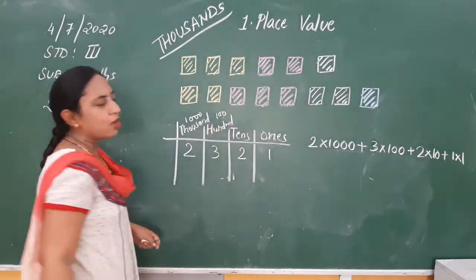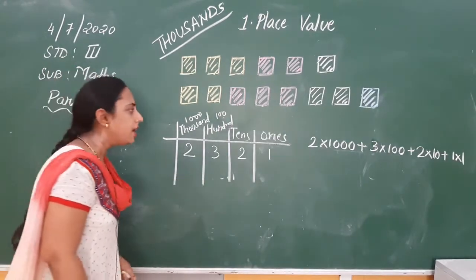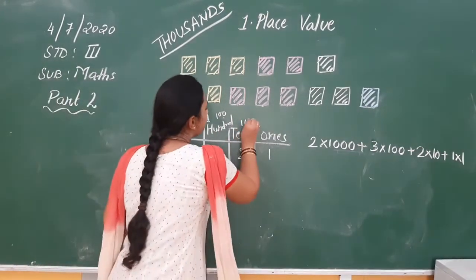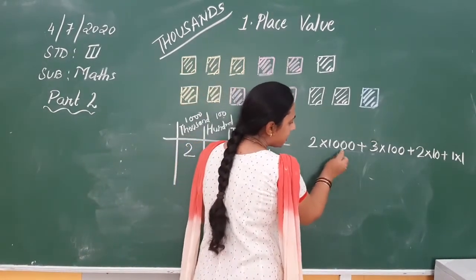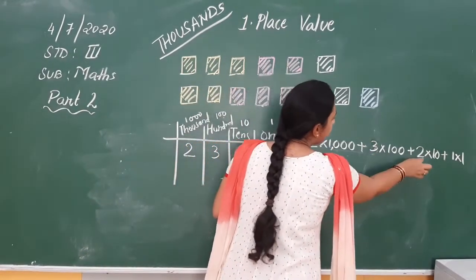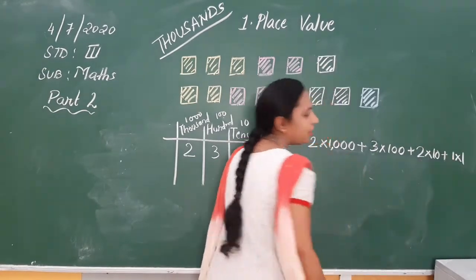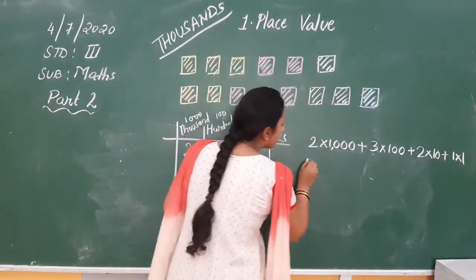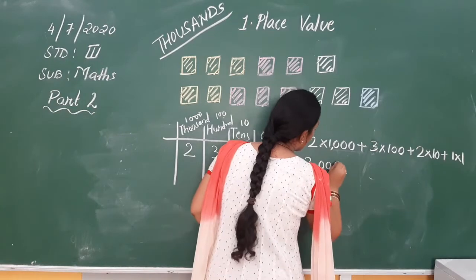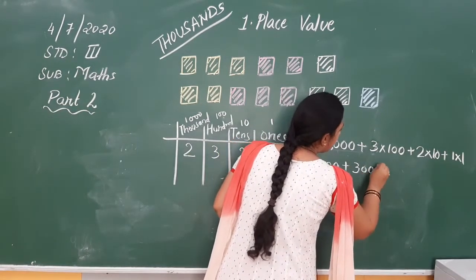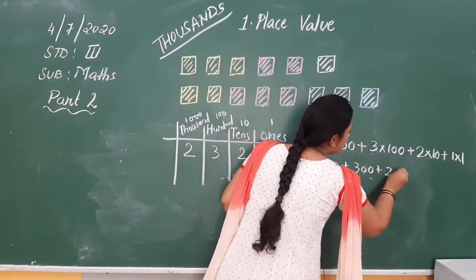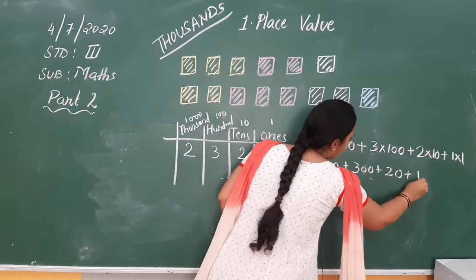So the place value of this number will be 2 into 1000, 3 into 100, 2 into 10 plus 1 into 1. So that will give us 2000 plus 300 plus 20 plus 1.